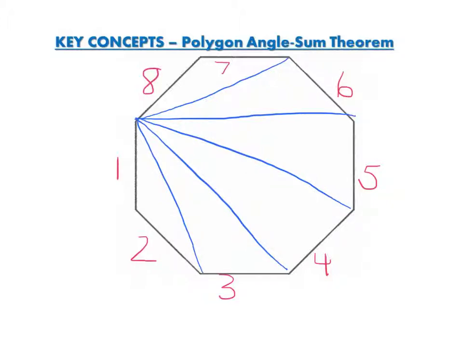But when I count the number of triangles that it makes, I have 1, 2, 3, 4, 5, 6 different triangles. Now, no matter what polygon you have, the number of triangles that you can make from one vertex is always 2 less than the number of sides.